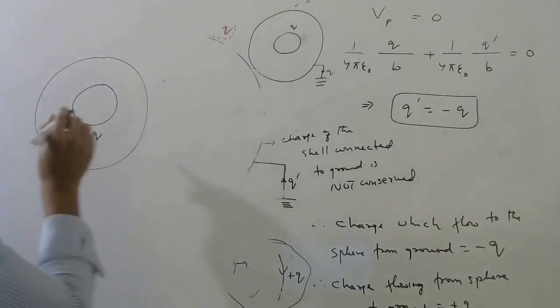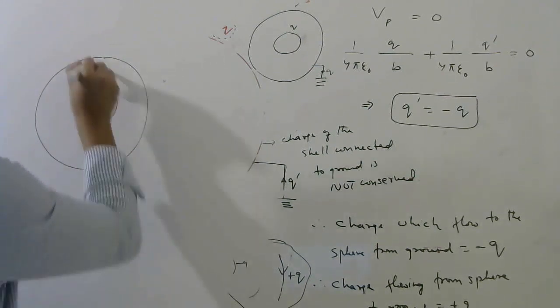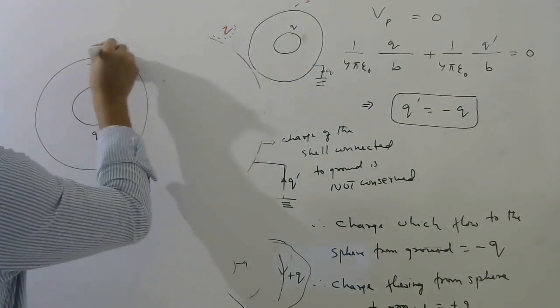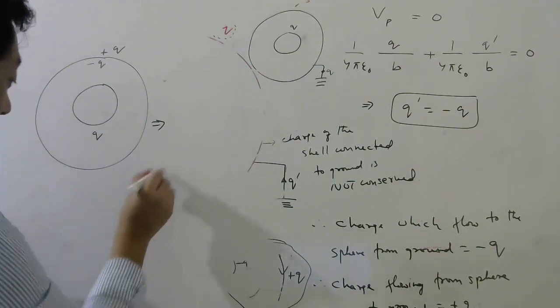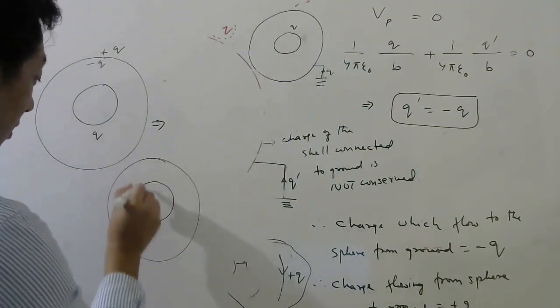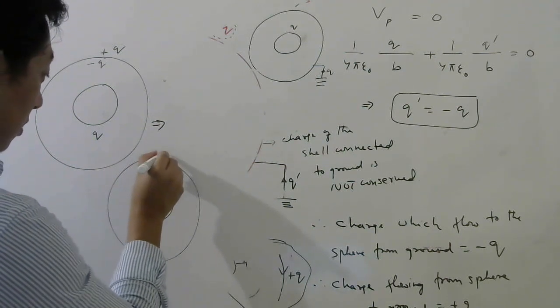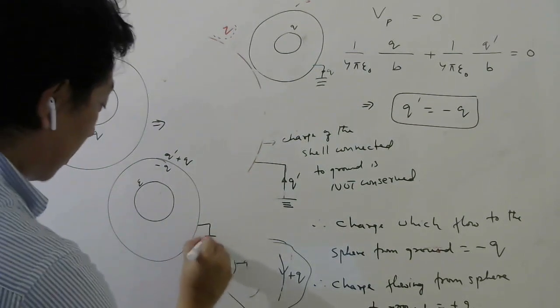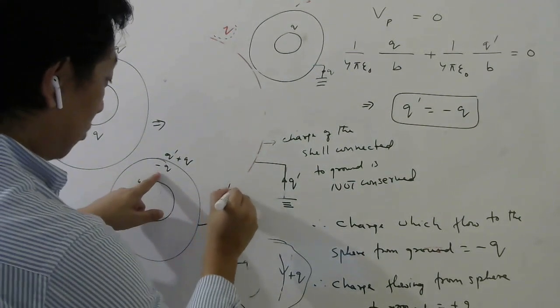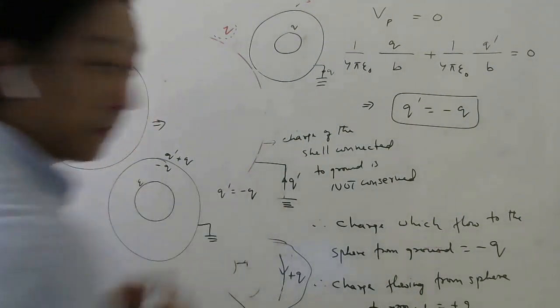If this is isolated and it is neutral, then this q will induce minus q, outside will be plus q. This is what I told. Now what I did was grounding. Because of grounding, this is q, this is minus q, this is q dash plus q, right? This is when it's grounded. And q dash came how much? Q dash came minus q after solving.